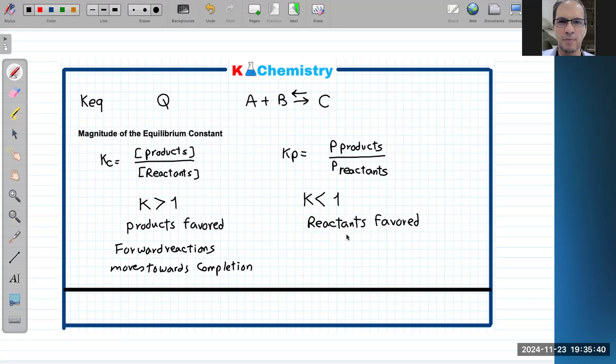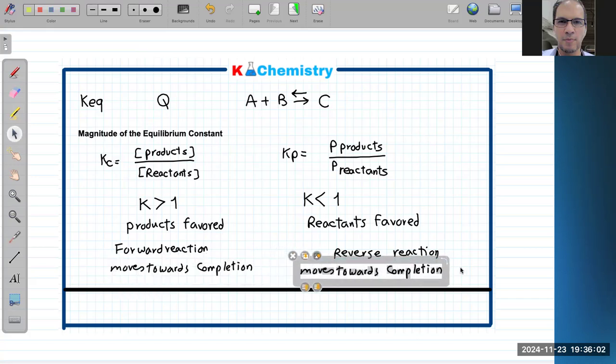But if I am talking about K less than 1, then I can say that the reverse reaction proceeds to completion. So this time, instead of the forward, I will say the reverse reaction moves towards completion. So this depends on your K value. If you see the K value, you will know how much the reaction has proceeded and to which extent.